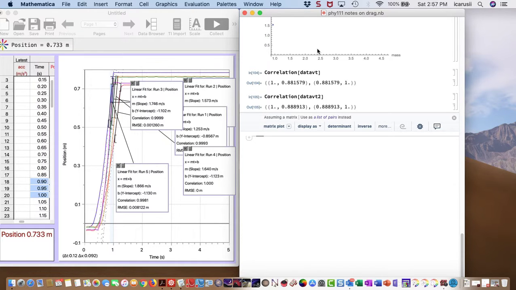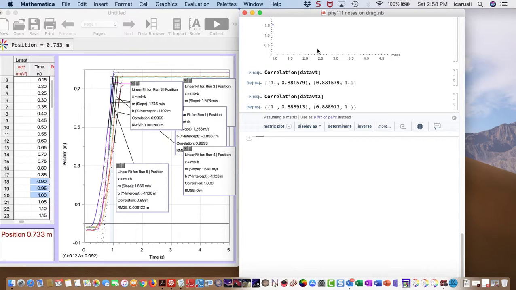So if you were to do 3 trials for each mass and then take that data and then do the correlation, you would actually find that the correlation for V2 is still going to beat out the correlation for VT, because it should be about 95% versus 80% for VT.